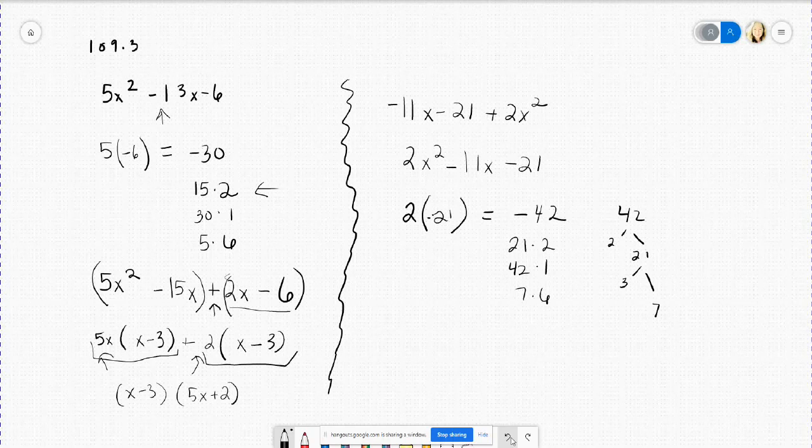None of those equal 11. 14 and 3, yes. That's what, yeah. Okay, that works. Okay. Then that would break down into 2x squared minus what?